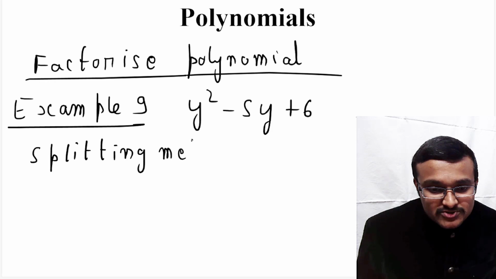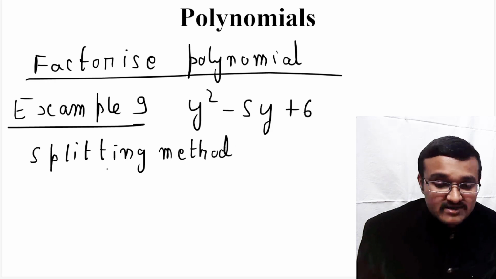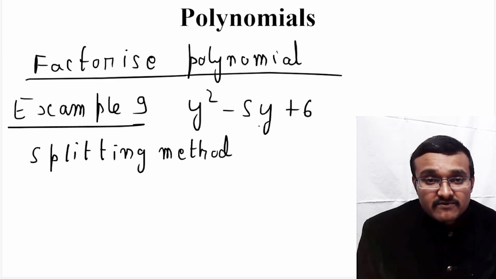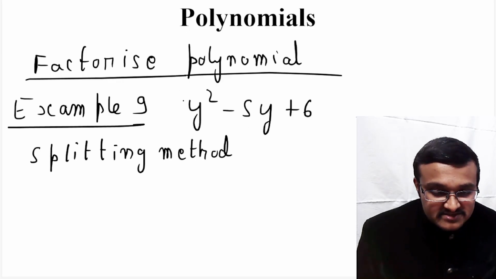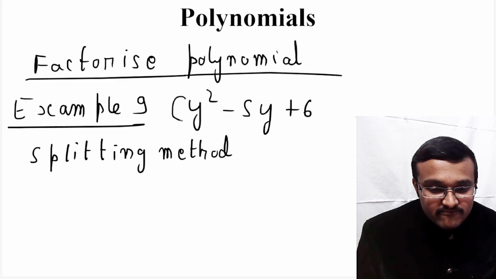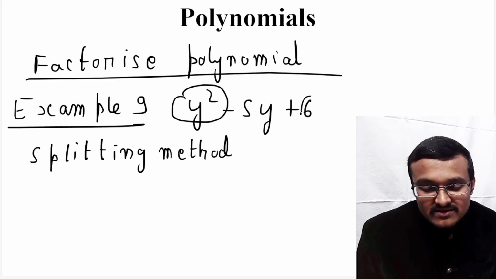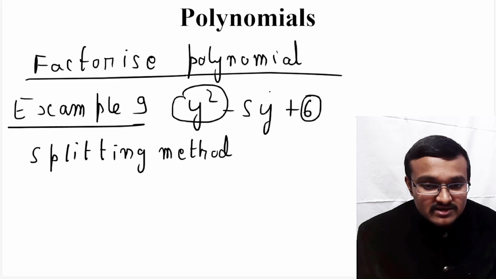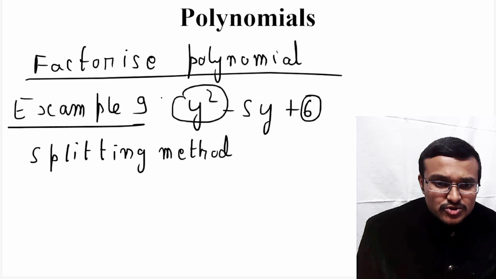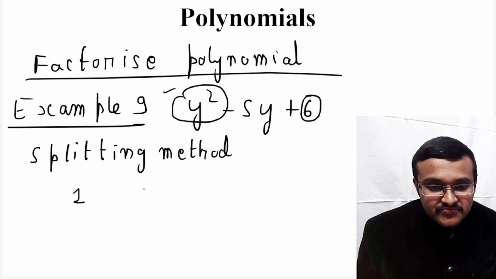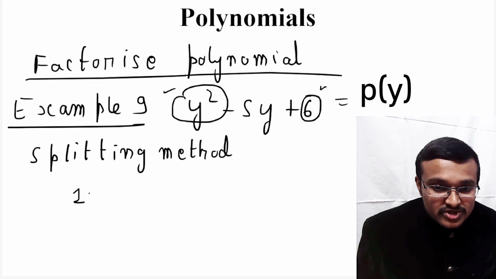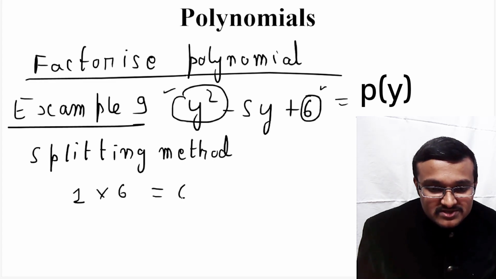In the splitting method there is one particular trick which you should remember. Whenever you have a polynomial like this, the first value is the coefficient of y square, and the last value is the constant in this polynomial, and you have to consider both. Here the coefficient of y square is 1 and the constant is 6, so 1 into 6 is equal to 6.